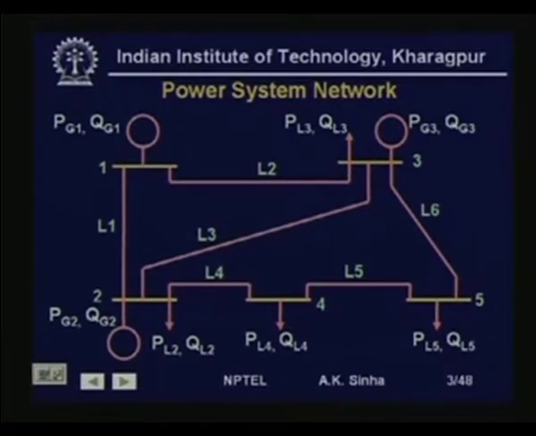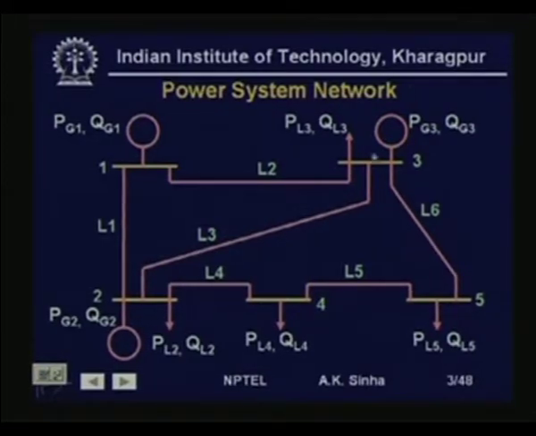Now, let us take a very simple example of a power system network. Here in this network, we have 5 nodes: 1, 2, 3, 4 and 5. Some of the nodes have generators associated with them: node 1 has a generator, node 2 has a generator, node 3 has a generator.